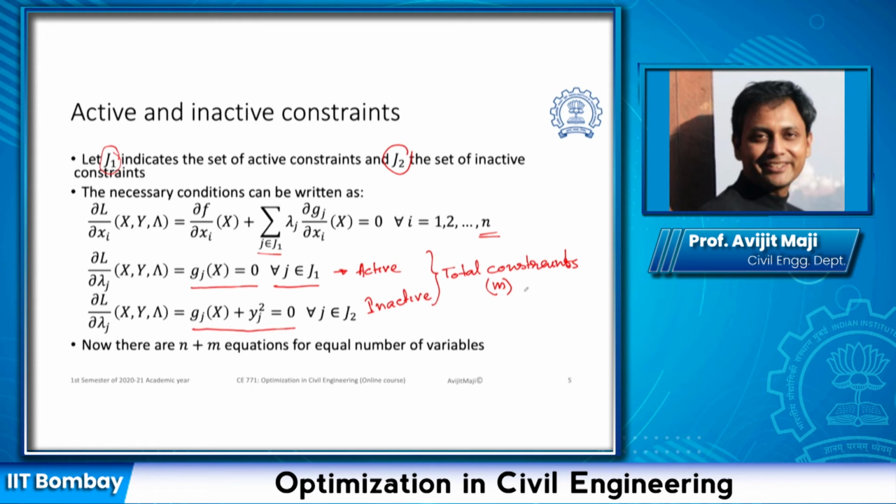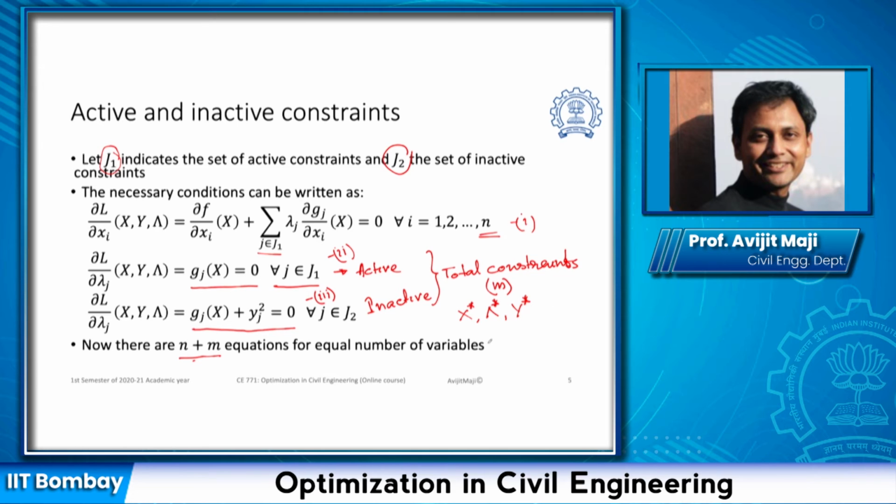So these three components, if we try to solve, then we have n plus m equations for an equal number of variables, and if we solve we can easily obtain our solutions for the optimum x star, lambda star and y star.